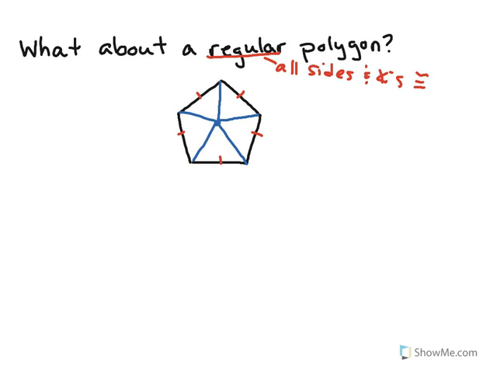So what we want to first determine is where each of these points are. If this is A and B, C, D, and E, and I want to rotate these points so that it lands on top of another one, I have to know the kind of angles that I'm dealing with. I have to know how big this angle is right here in order to do any of these rotations. So remember that the way that we figure that out is by, first of all, going back to that old equation where it said the number of sides that you have minus 2 times 180 gives the amount of degrees within that figure.